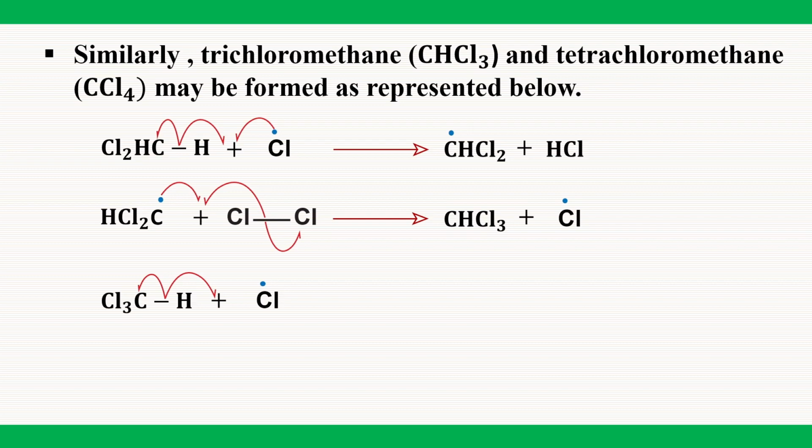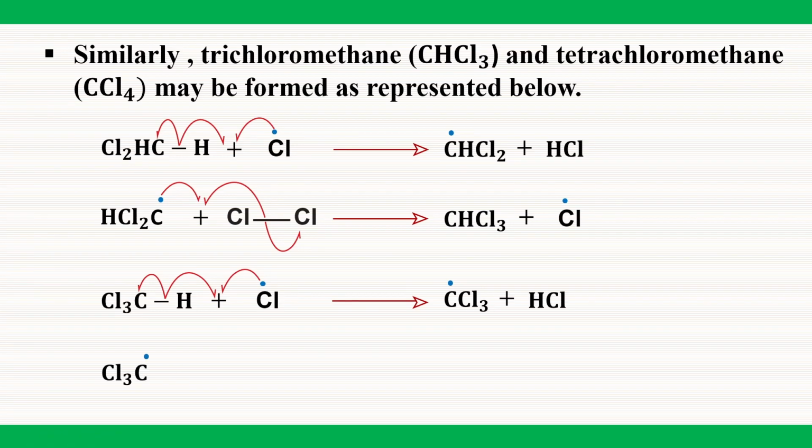Homolytic cleavage of this bond takes place, and this hydrogen atom combines with this chlorine free radical to form HCl. You can see that a CCl3 free radical is also formed. These are the products: CCl3 free radical and HCl.